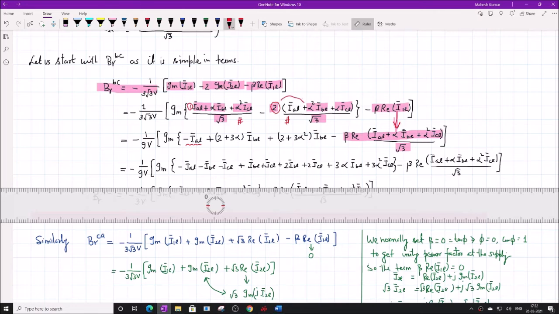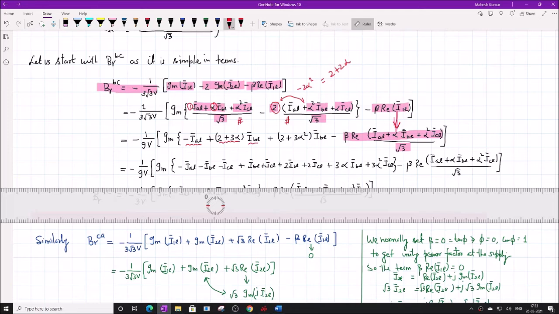This and this becomes minus 2 alpha square, and minus 2 alpha square is nothing but 2 plus 2 alpha. Am I correct? Minus 2 alpha square is equal to 2 plus 2 alpha. So 2 plus 2 alpha and plus alpha becomes 3 alpha. So 2 plus 3 alpha will come here as the coefficient of IBL.